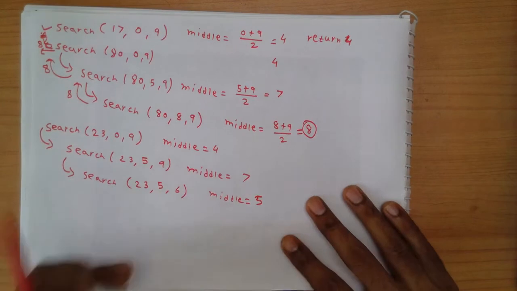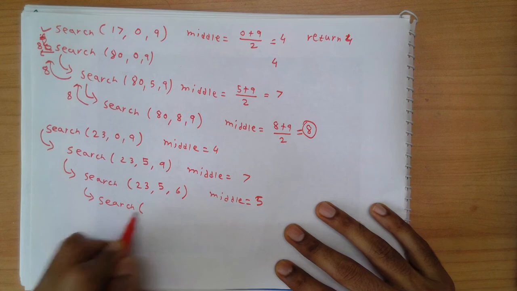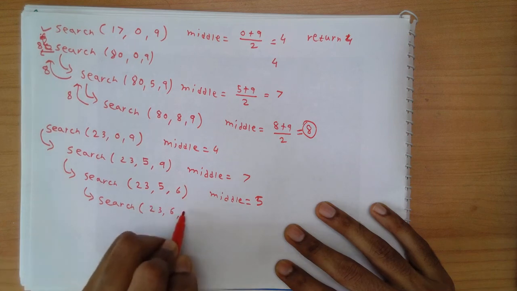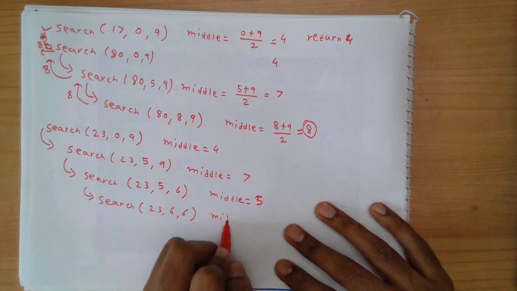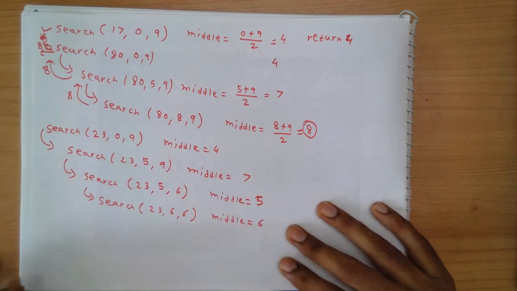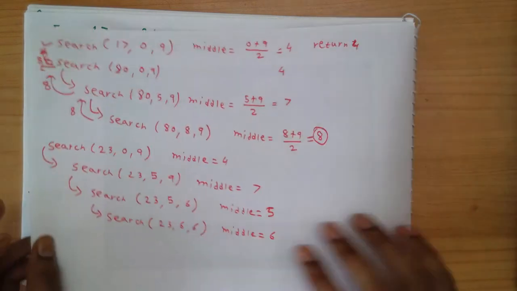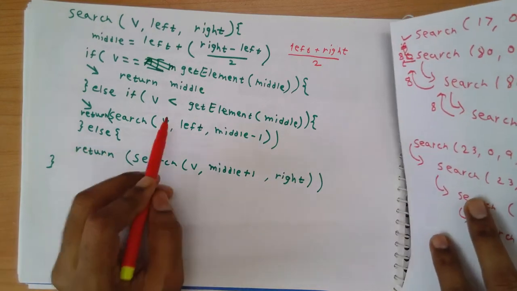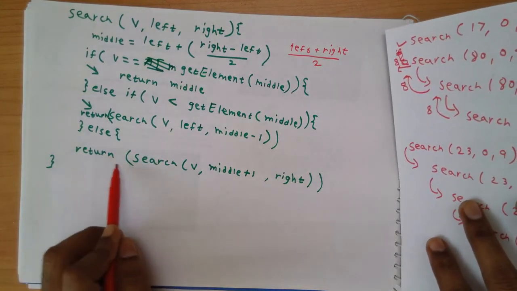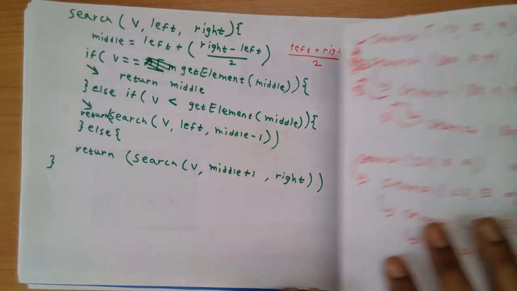So this in turn will give a call to search 23, 6, 6. Now middle is going to be, of course, 6. So look at the element at index 6. It is 22. If I compare 23 with 22, my 23 is greater than 22. So this case will be true, and I have to search from middle plus 1 to right.